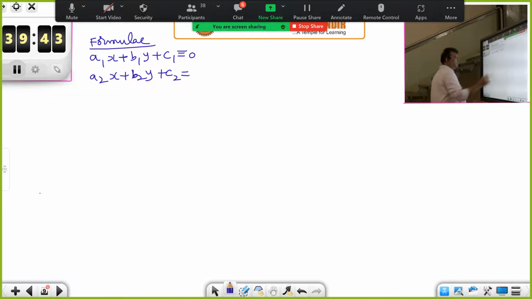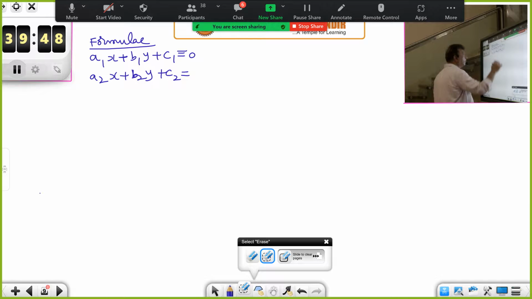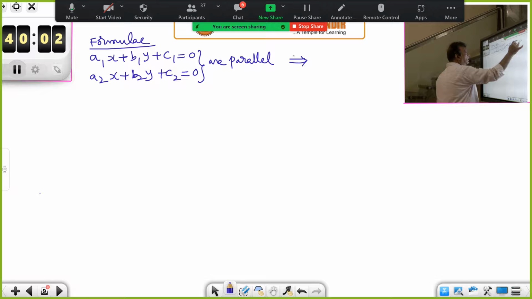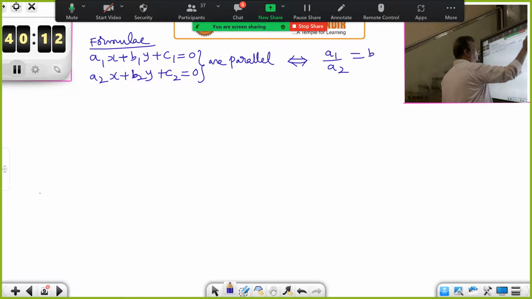Two lines are parallel if and only if, implies and is implied by, the condition a1 by a2 is equal to b1 by b2.